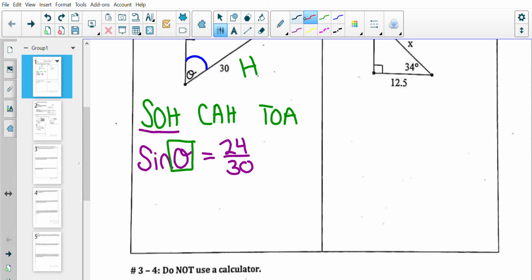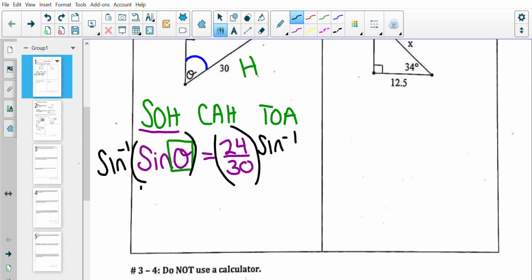We're going to have to multiply by the inverse of sine on both sides. So the sines will cancel, and we're going to have theta is equal to, let's put that inverse first, the inverse of sine times 24 divided by 30.